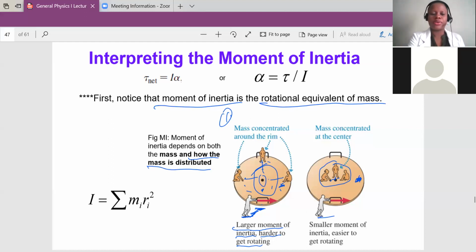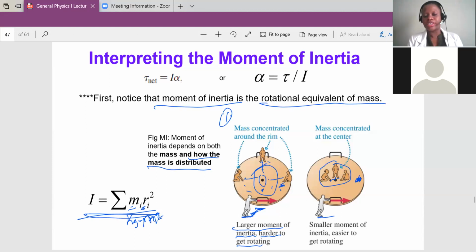Okay, so note this: moment of inertia depends on mass and the distribution of mass on that rigid body. It is the mass equivalent and has the symbol I. It is measured in kilogram meter squared, from mass in kilograms times radius in meters, squared.